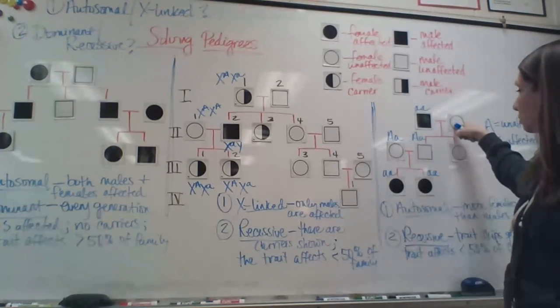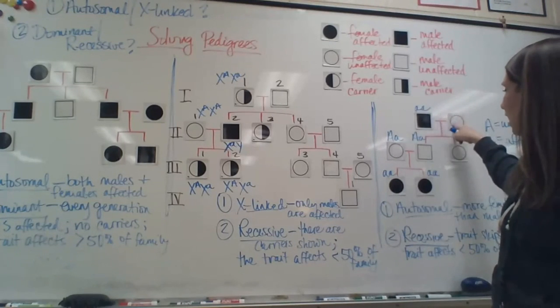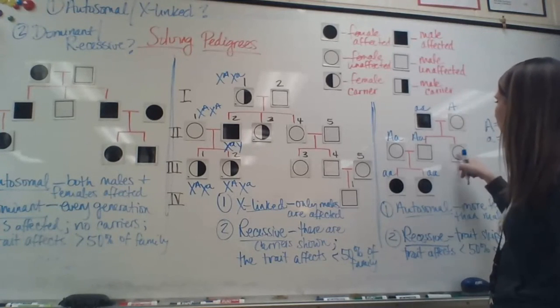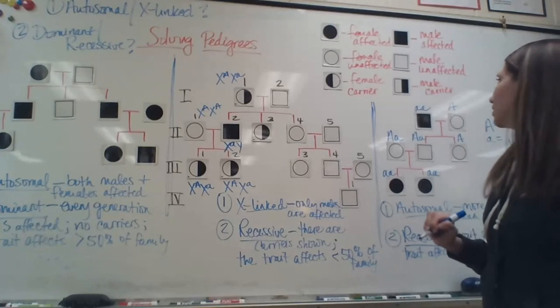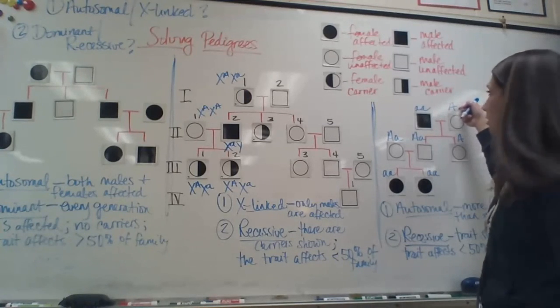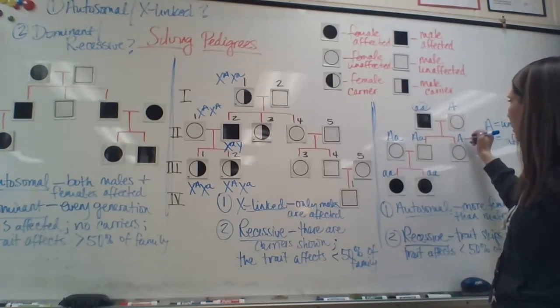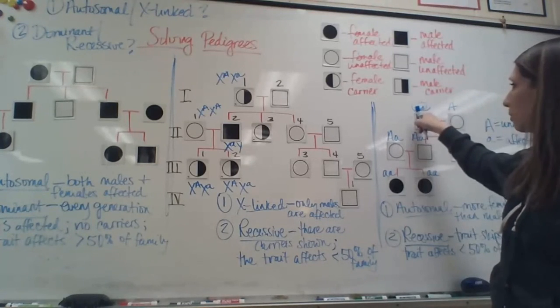This one also has a big A and a little a. And in this case, that means that this parent had to have at least 1 big A, right? We also know that this individual here has to have at least 1 big A. But beyond that, we don't know what this individual could have been. We know that this person right here had to get at least 1 little a from this dad. So that individual has to be heterozygous, because all that dad could pass down is a little a.